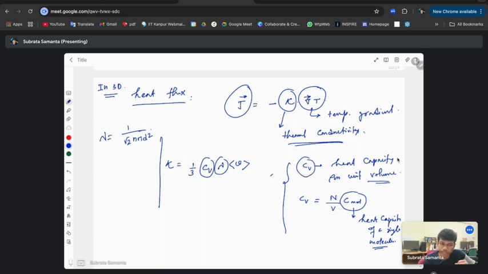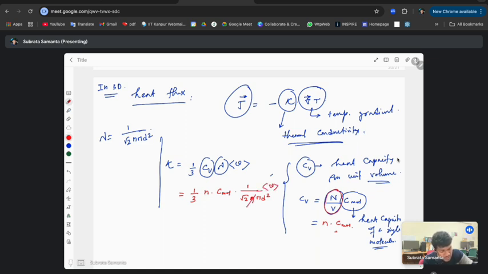Plugging into kappa, we get 1/3 times n times C mole times lambda, which is 1/√2 n over π d squared, and V average in the numerator.